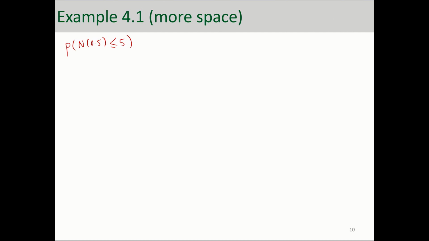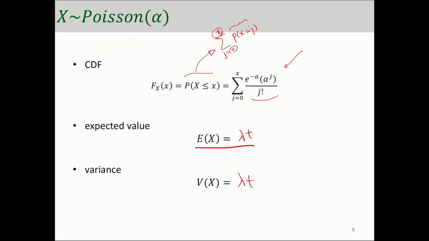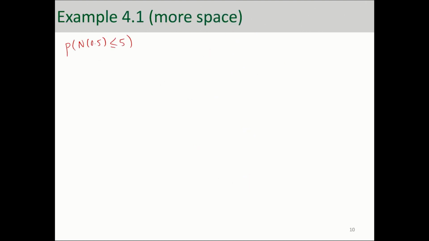Well, that is a CDF, right? Basically, you're calculating N of 0.5 less than or equal to 5. So you would have to sum from 0 to 5 over the PMF. So what has to be done is a summation from 0 to 5 over that PMF, e to the negative 4.3, 4.3 to the j over j factorial.